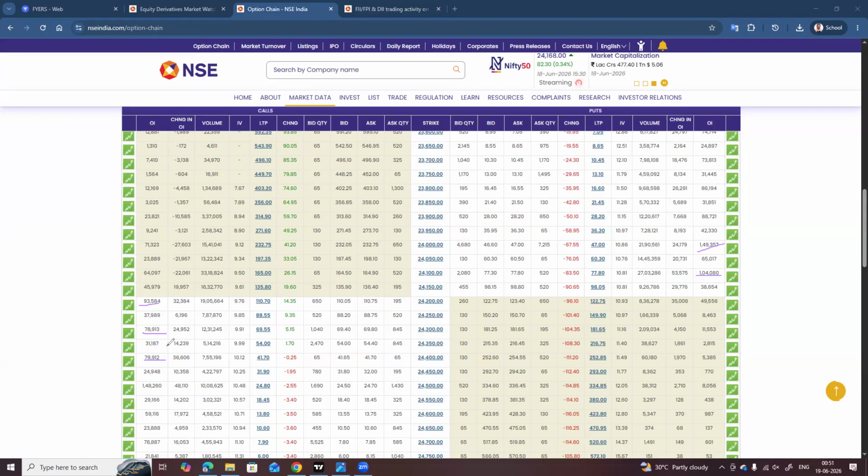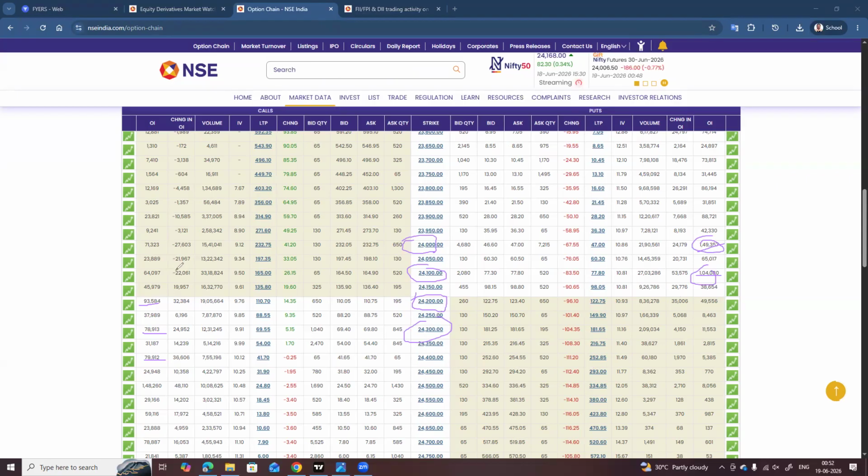What does it suggest? So this is suggesting that there is a support zone between 24,000 to 24,100. 24,000, from here to here, is the support, because here is the highest put OI, that is the support, and 24,200 to 24,300, these two are going to act as a major resistance, that is the resistance zone.